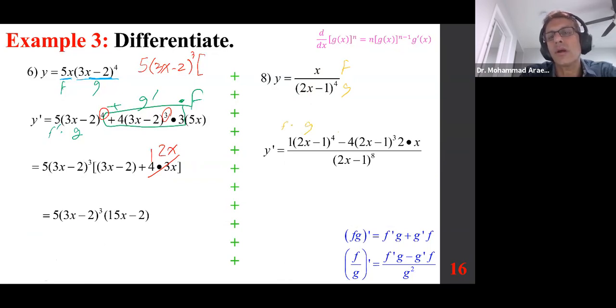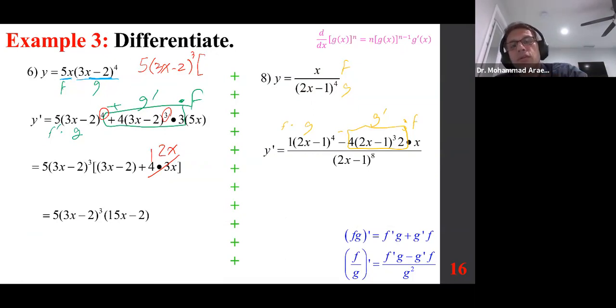So this is minus, let's just, this whole thing is g prime. Okay, and that's the idea. As long as we can see this, we are in good shape. Now I'm going to simplify by factoring the 2x minus 1 cubed. Okay, everybody, 2x minus 1 cubed.